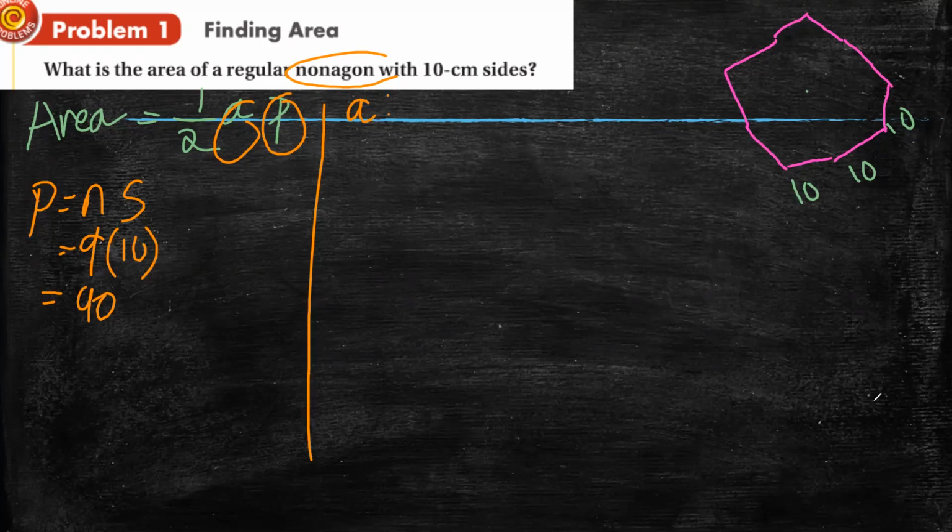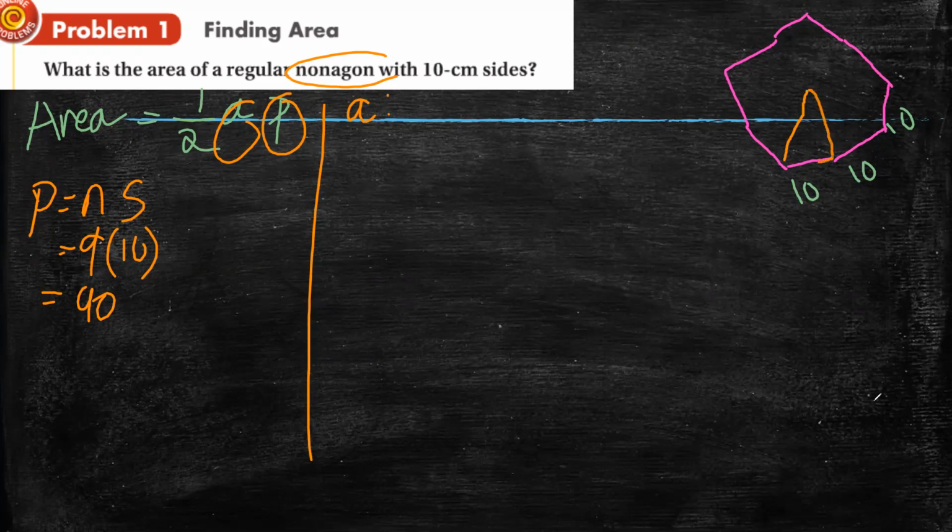Let's see. First, from this lesson, as we said, trigonometry and area. So I need one of the trigonometric functions: sine, cosine, or tangent. So let's make now a triangle.